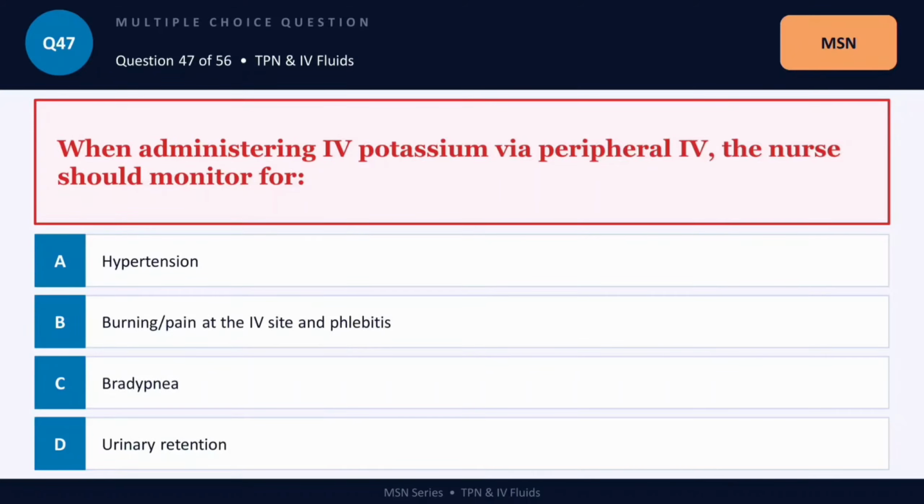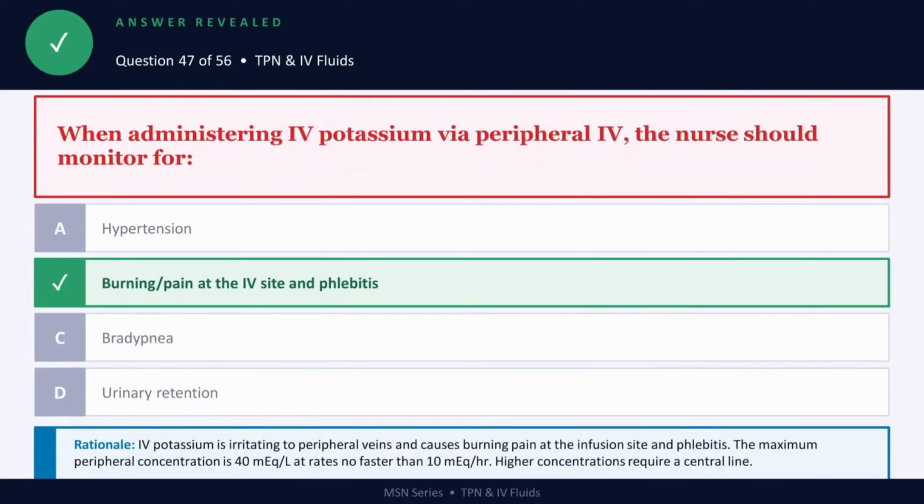The correct answer is option B, burning, pain at the IV site and phlebitis. Rationale. IV potassium is irritating to peripheral veins and causes burning pain at the infusion site and phlebitis. The maximum peripheral concentration is 40 mEq per liter at a rate no faster than 10 mEq per hour. Higher concentrations require a central line.